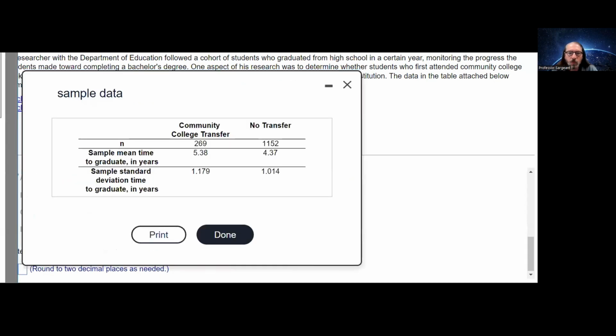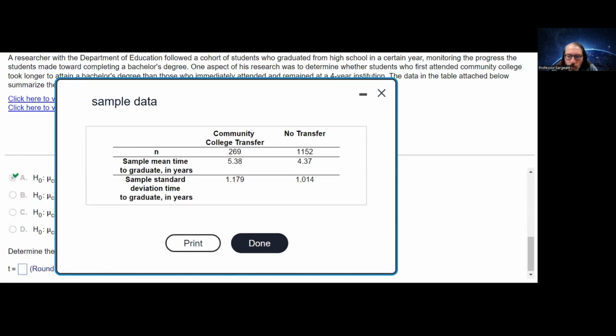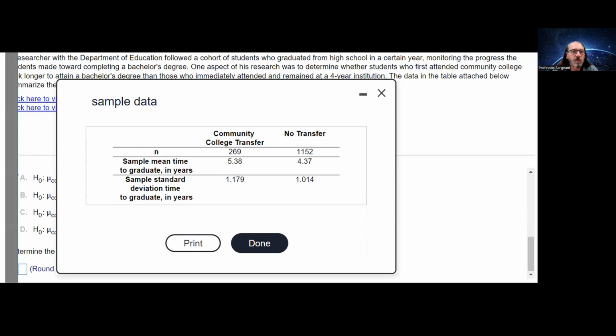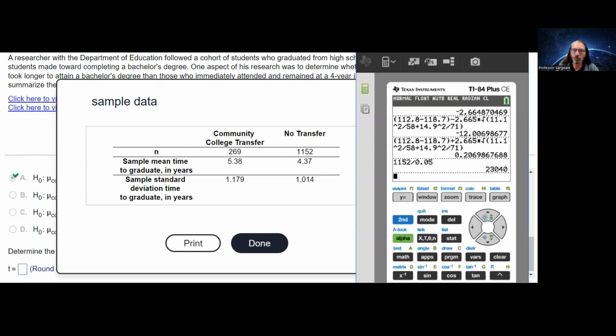Okay, so my guess is that since the community college students were listed first, we're going to use that as population 1. We first subtract the sample means in that order.